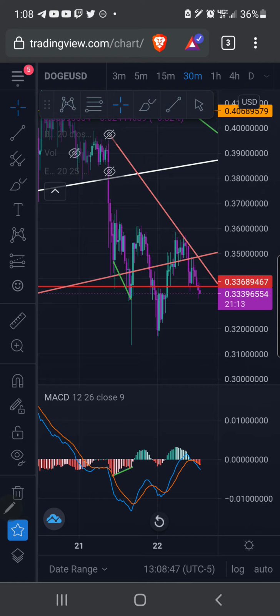Convergence means coming together. Divergence means going the opposite, or just going away. So up here you can see that the trend lines are not consecutive, they're not going the same direction. So this would be a matter of divergence.